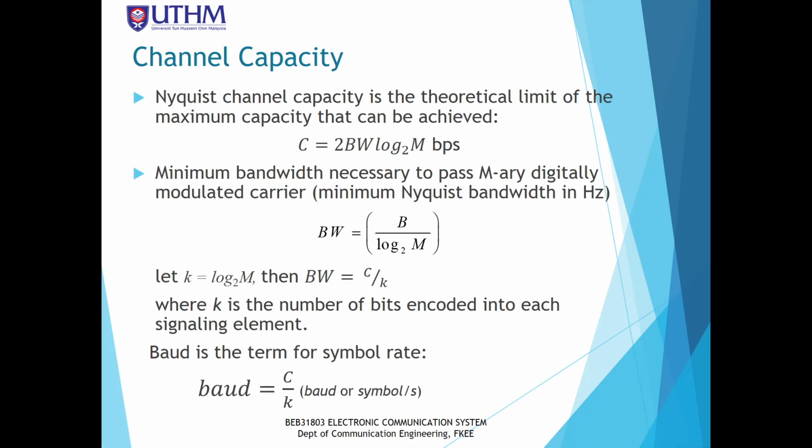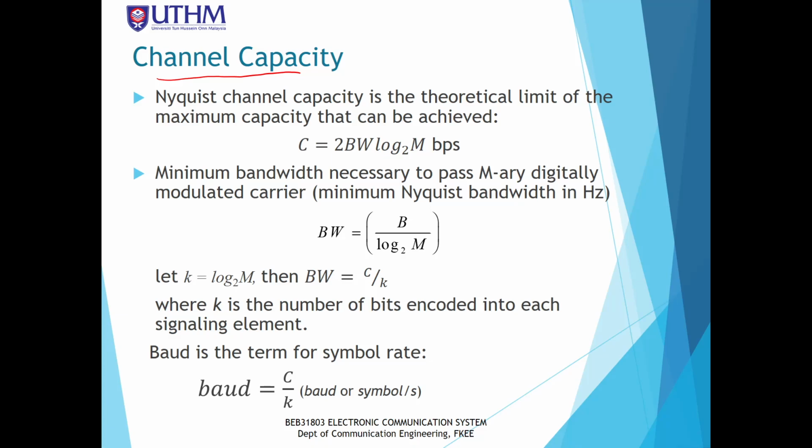Capacity is the maximum bit rate. Channel capacity is defined as the maximum bit rate that can be decoded in the receiver, and it depends on the condition of the channel. This means the transmitter must know the channel capacity so that it will not transmit more than the necessary bit rate.